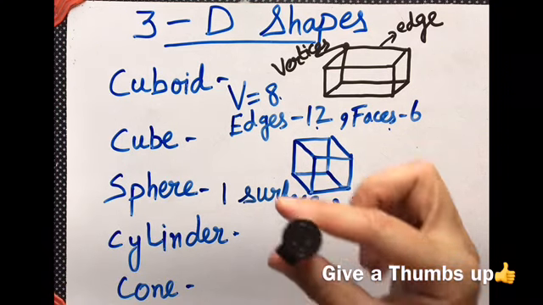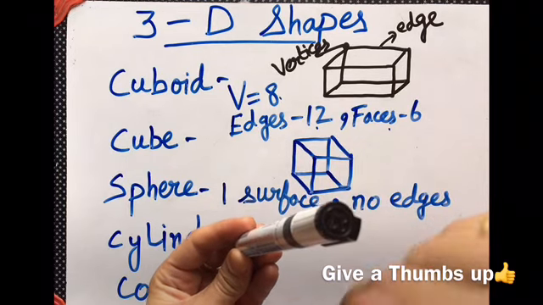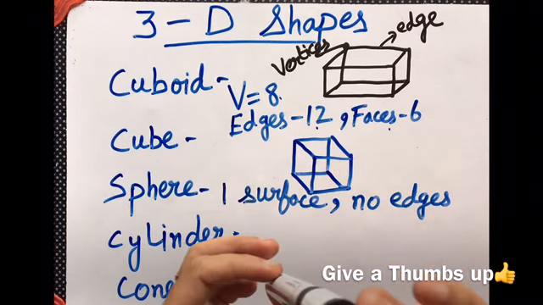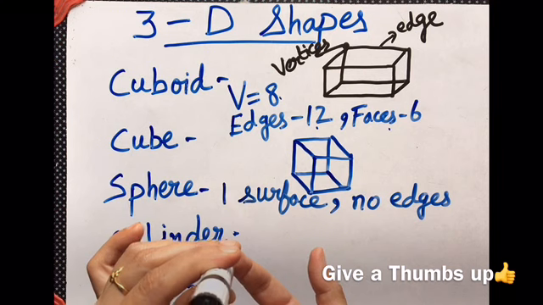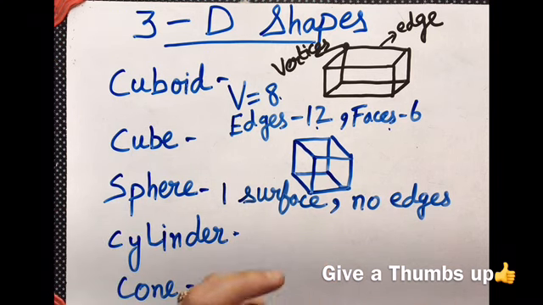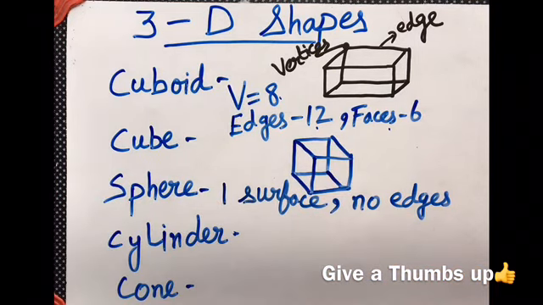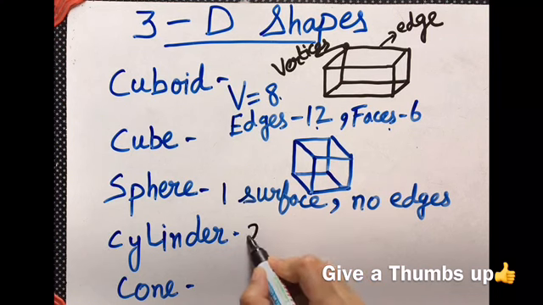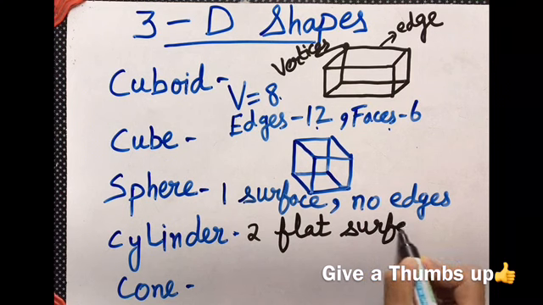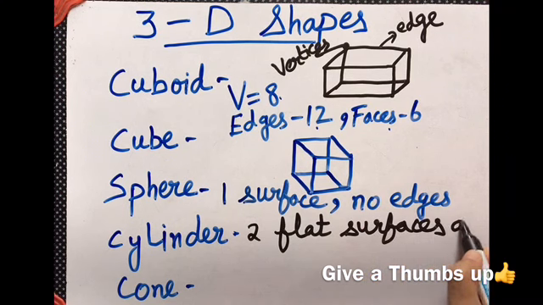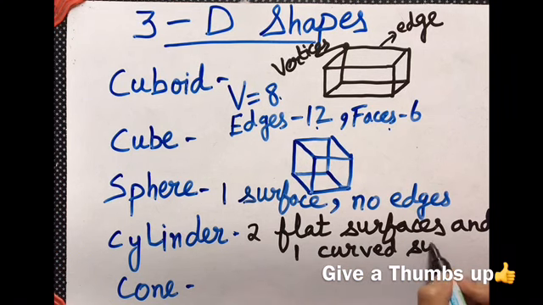Now cylinder, this is an example of a cylinder. You can see it has one curved surface on the side and two flat surfaces on top and bottom. So this and this one. Fine. So how many surfaces does it have? If you see this, 1, 2 and 1 curved. So it has 2 flat surfaces and 1 curved surface.